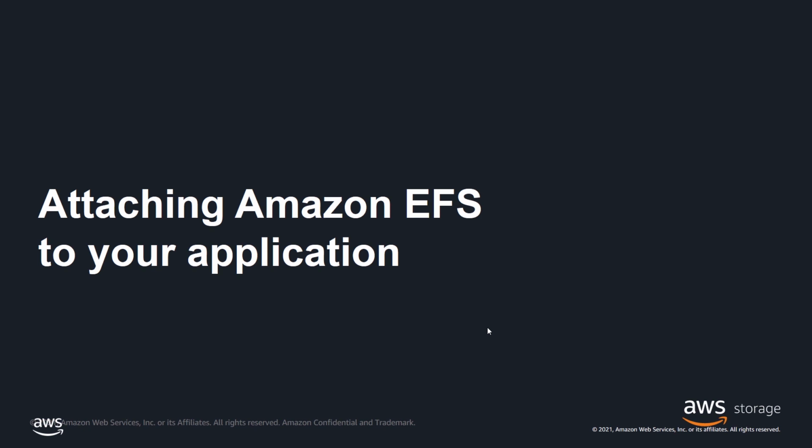So EFS does low single-digit millisecond latency and EBS does sub-millisecond latency. Most of the time, this really doesn't matter. If you're reading and writing big files, you aren't really going to notice this latency. But if you're running, let's say, a relational database use case where you're doing frequent transactions with small IOs, that might be one case where EBS is a better choice, simply because you need that low amount of latency.